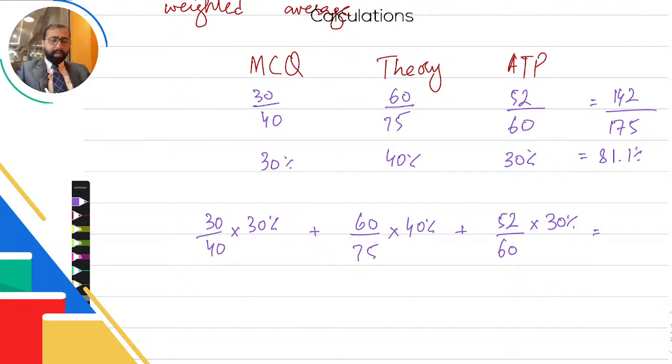And I take that, my average comes out to be 80.5. So now the weighted mark of this student is actually not 81.1, it's 80.5, because this student lost more marks in theory, so they had a disadvantage because of that. This is called a weighted average, and that is exactly what we do with different isotopes.